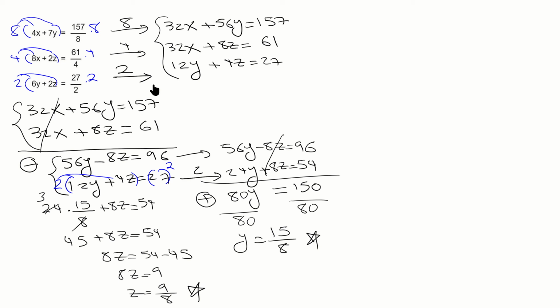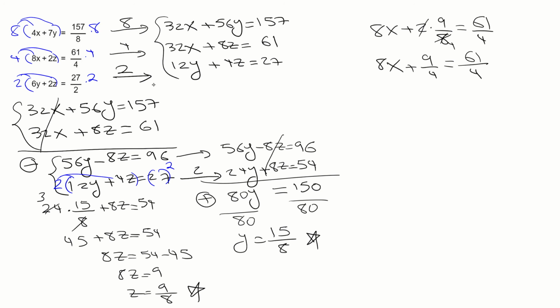So we end up with 8x plus 2 times, instead of z, we're going to put 9 over 8 equals 61 over 4. So we get 8x. Notice here, these two cancel out. They leave us 4. So plus 9 over 4 equals 61 over 4.